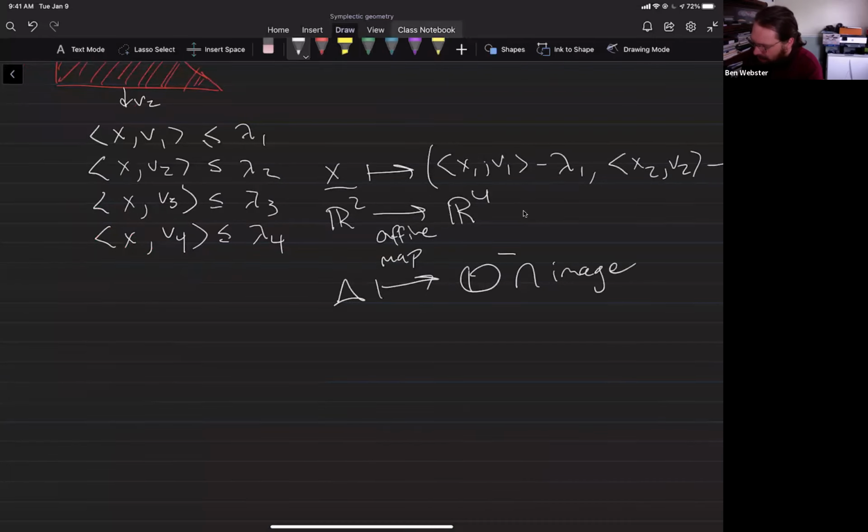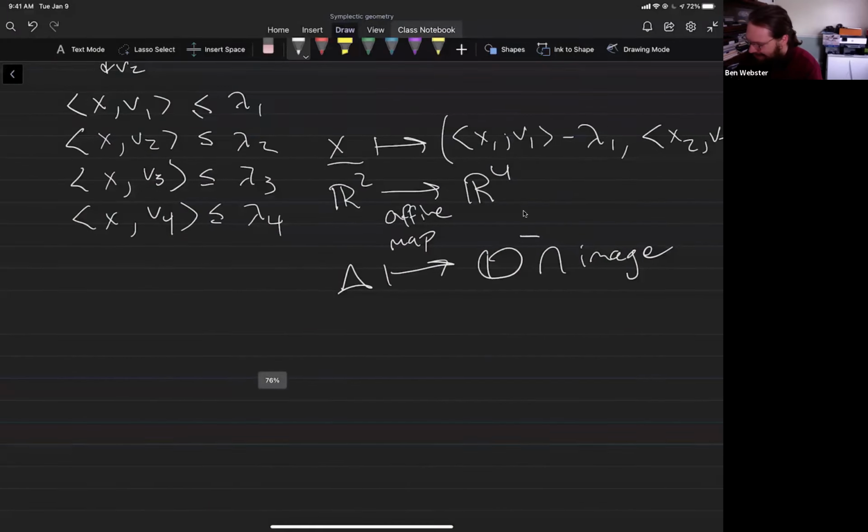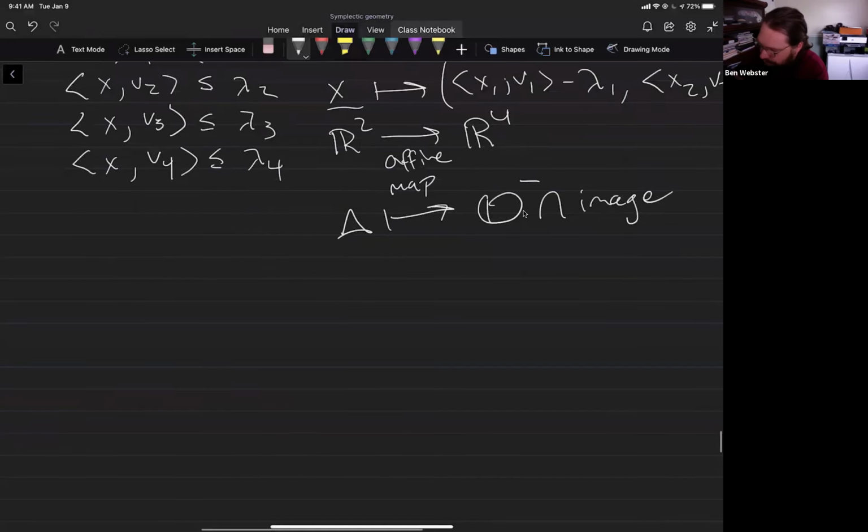But the key point here, and I'm almost out of time, so I'll just discuss this next time. Symplectic reduction.